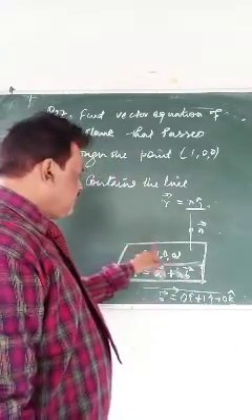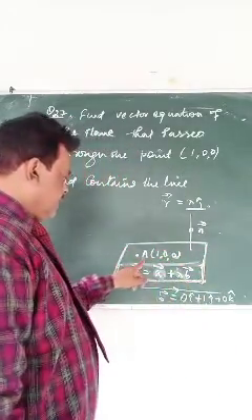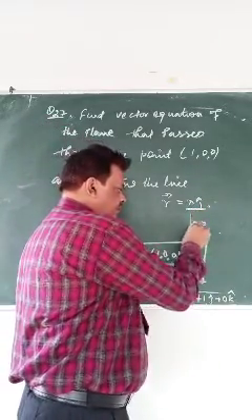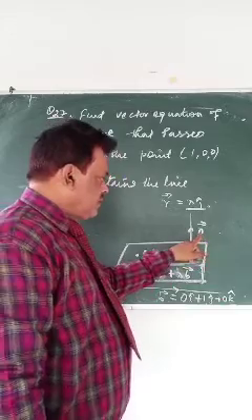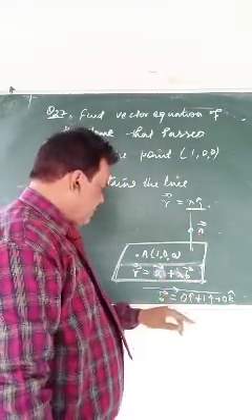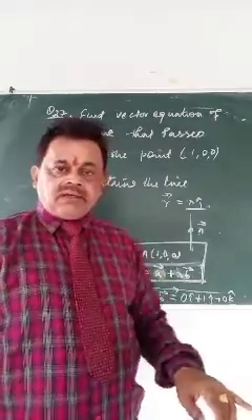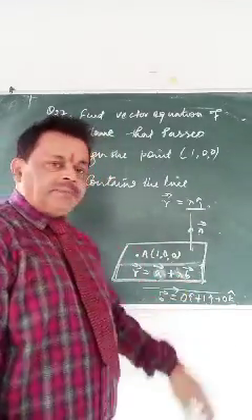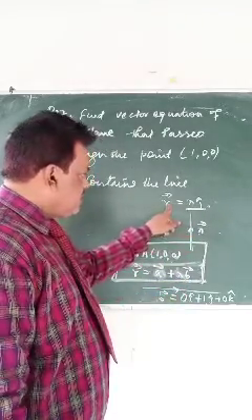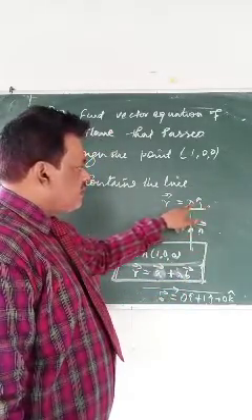First, to find the equation of a plane, if it is passing through a point, you need a normal. To find the normal, you have to compare with the parallel vector of the line. What is the format of the line? A plus lambda B. B vector is here.